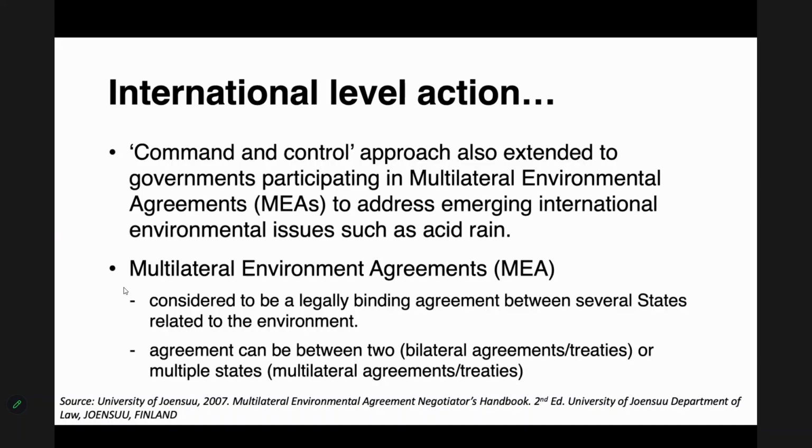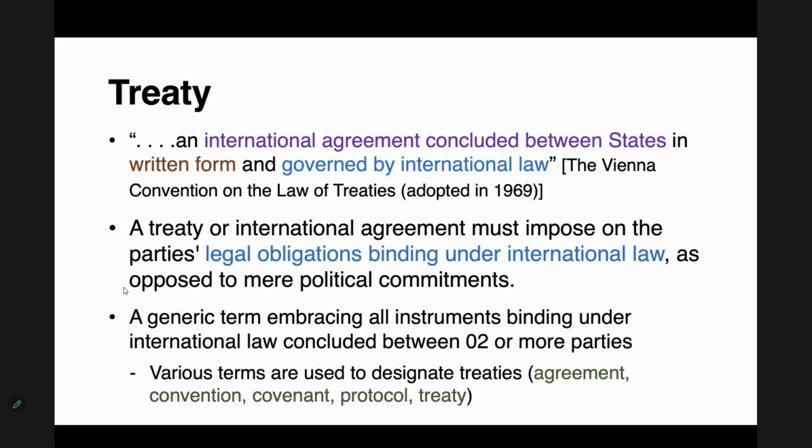There are multiple common agreements between different countries that we have today that address certain environmental issues. So we have different treaties, which are basically international agreements between different governments, governed by international law, that impose legal obligations on the parties that sign these treaties.